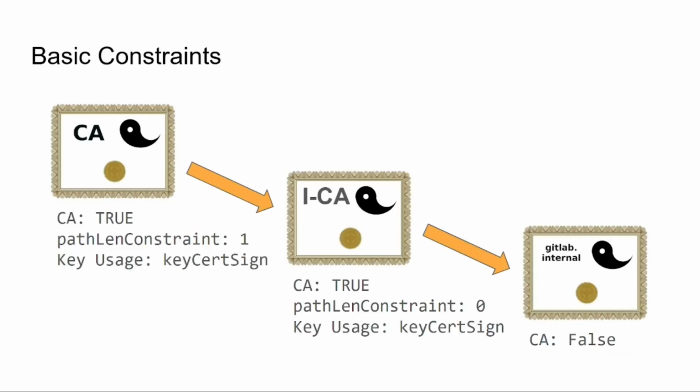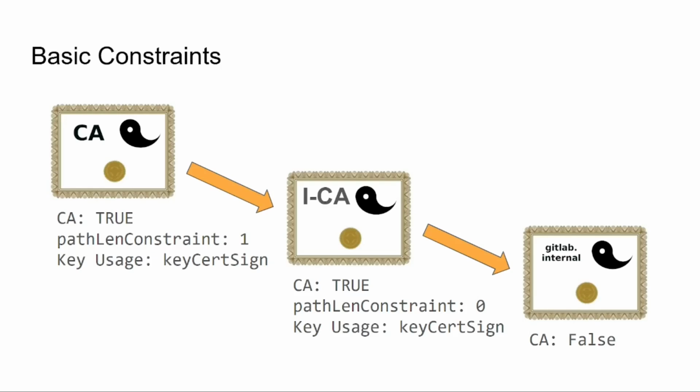So the primary thing that distinguishes between a CA certificate and a non-CA certificate is the basic constraints attribute, which has 2 fields. The first is the CA field. CA certificates must have this set to true. They also need the keyCertSign key usage flag set as well. If the basic constraints and key usage don't match, the TLS stack may reject the certificate.